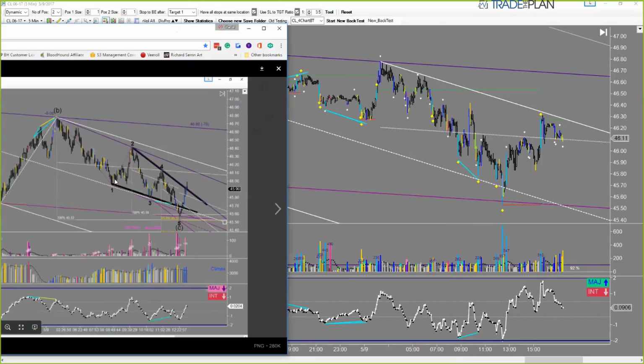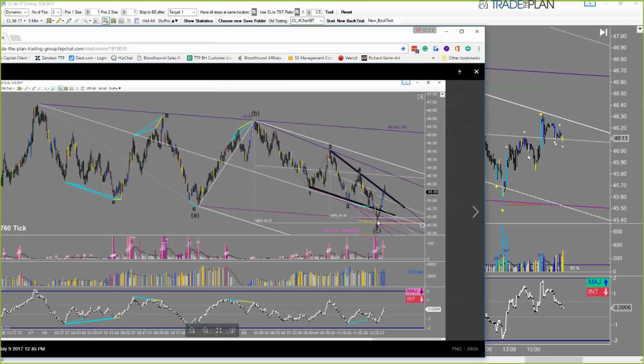Look at the perfect C wave, right into that confluence of areas there. C is 100% A. 3 and 5 are 100% of 1. And 5 is 61.8% of 1 through 3. They're all lining up right there.